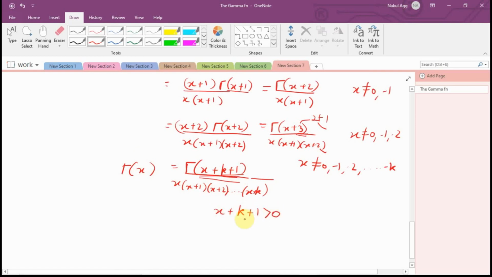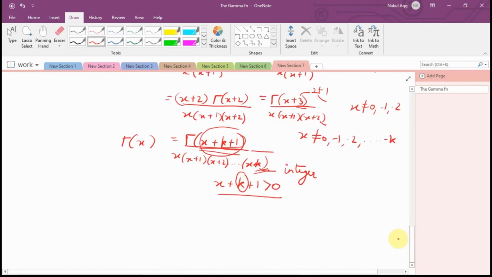So we will have many possible values of k, but remember k is an integer, and we will have to choose the smallest integral value of k which makes the argument of the gamma function in the numerator positive. This will be clear with an example.